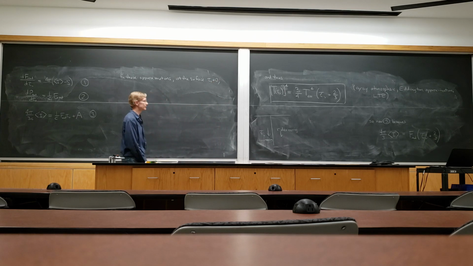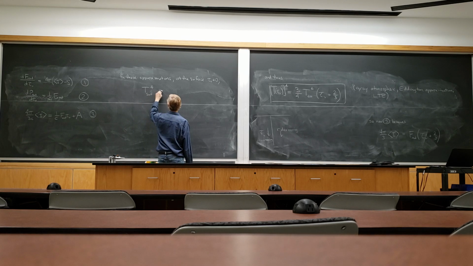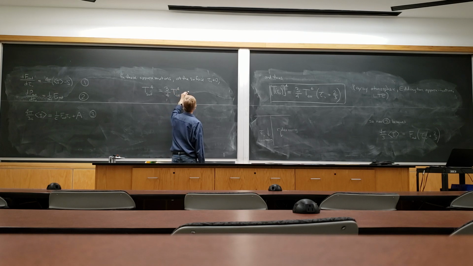The surface is where tau V is equal to 0. So there, the surface temperature, T surf to the fourth power, will be given by 3/4 TEF to the fourth times 2/3.